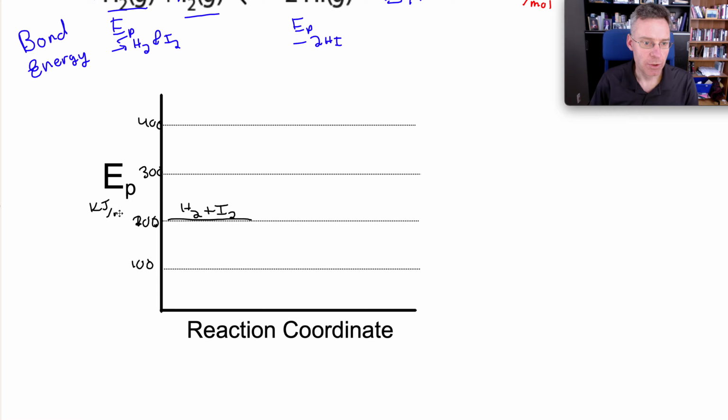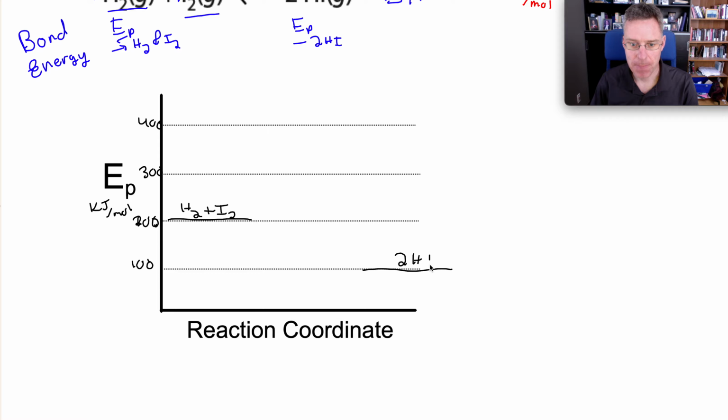This is kilojoules when using molar amounts. So I just kind of made up, we don't really know this. This wasn't in the information at the beginning. Let's say we're at 200 kilojoules of potential energy. We've lost 100, so from 200 down to 100 is where our products would be.